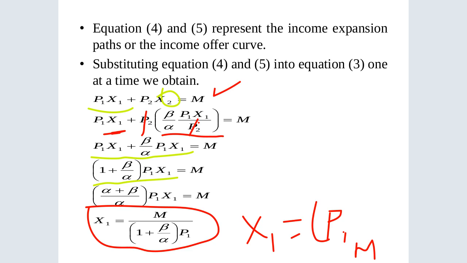By making x1 the subject, you get x1 is given as m divided by 1 plus beta over alpha multiplied by what? The price. Now this is our optimal demand function.